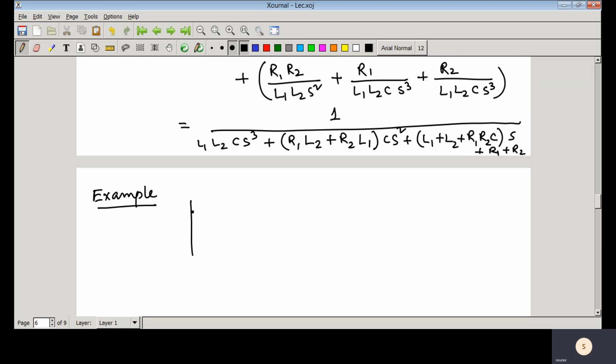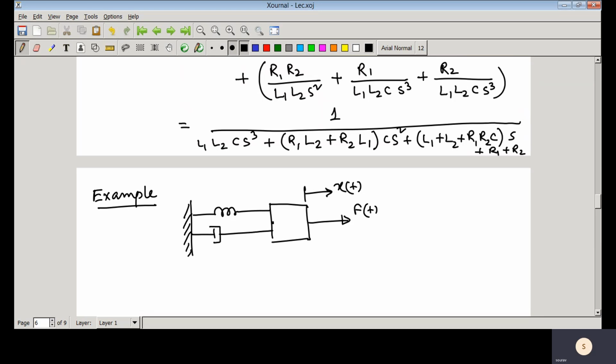So this is the schematic diagram of one mechanical system. Suppose this is the spring, and here you have a mass. You have applied a force on the mass, and the displacement is xt. And suppose one damper is here, that is the dashpot or damper.